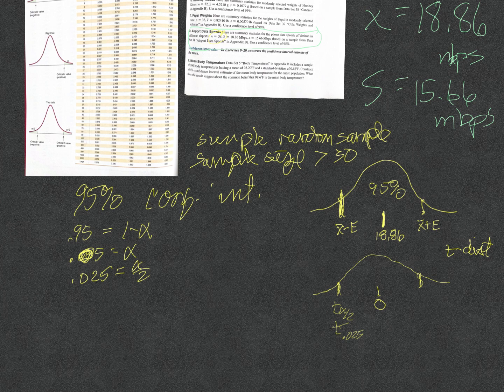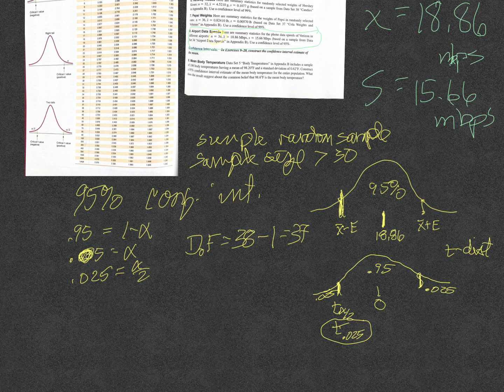What that means is the area here is 0.025, the area here is 0.025, and the area in between those is 0.95. We can get this value from the proper point on the t-interval table. To do that, we need the degrees of freedom, which is equal to 38 minus 1, the sample size minus 1, that's 37.